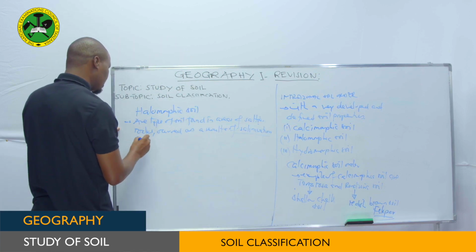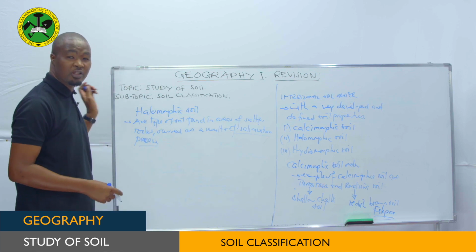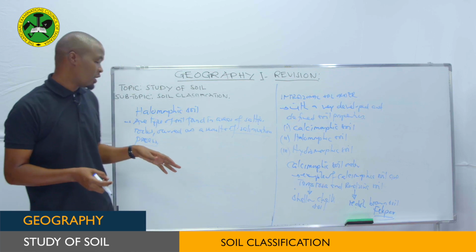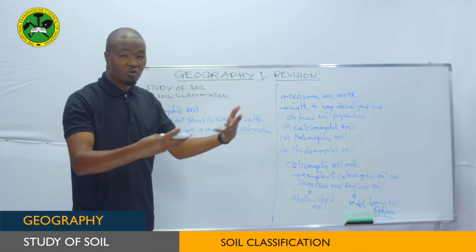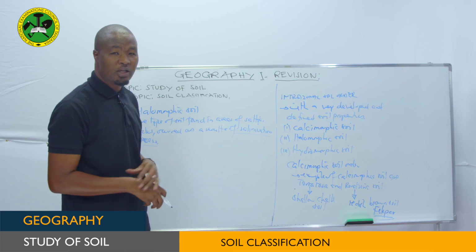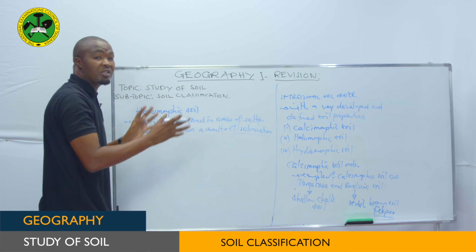We all know what the salinization process is. It refers to the process where there is upward movement of salt, salty elements, from the bottom of the soil into the upper or top layer of the soil. So it means the soil found here is salty in nature.